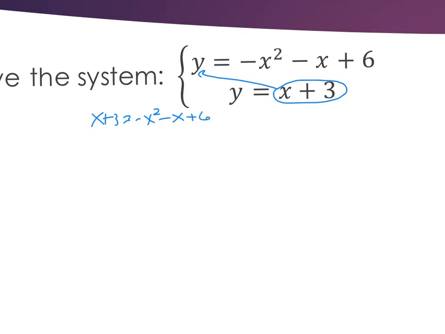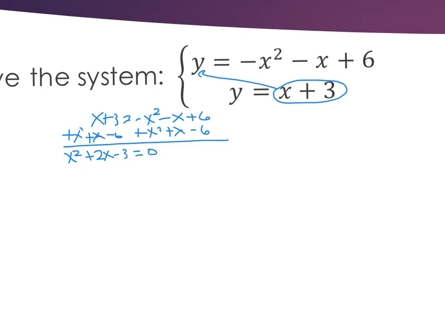And remember, we learned earlier in this unit, to solve a quadratic, I need to have it equal to 0. I'm going to add x squared to both sides because I don't like dealing with a negative x squared. I'm going to add x, and I'm going to subtract 6. And I want to make sure everything is all lined up. So x squared plus 2x minus 3 equals 0.